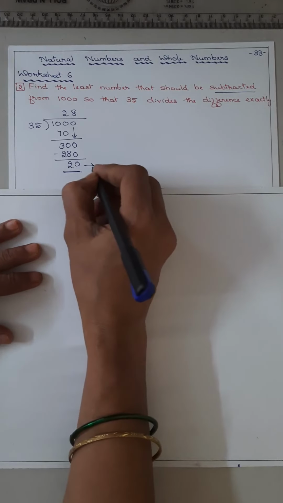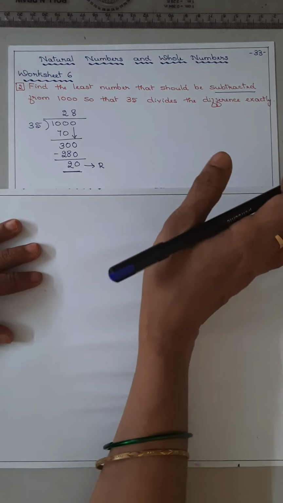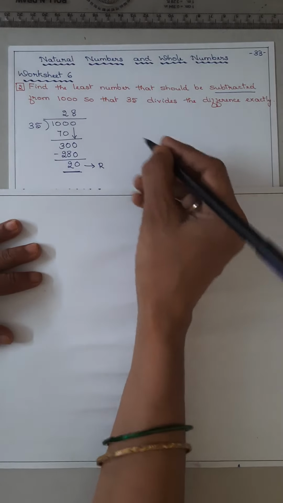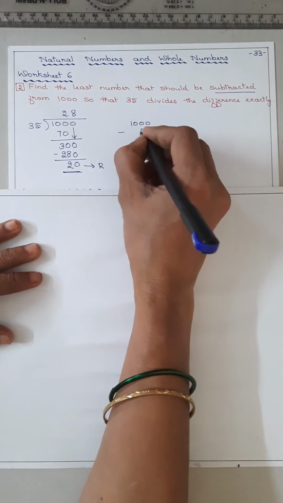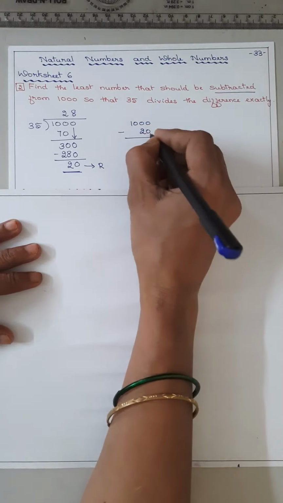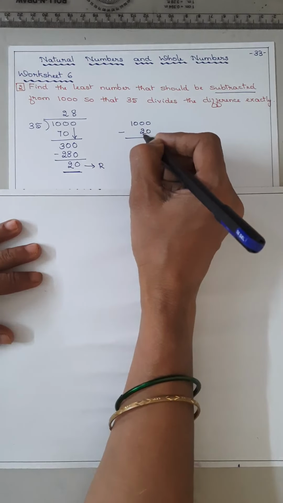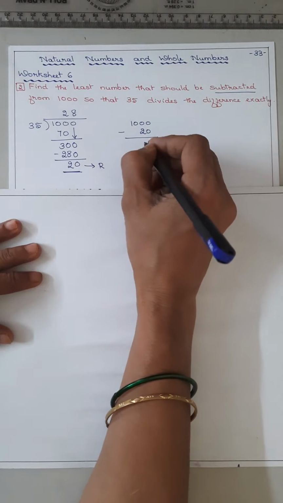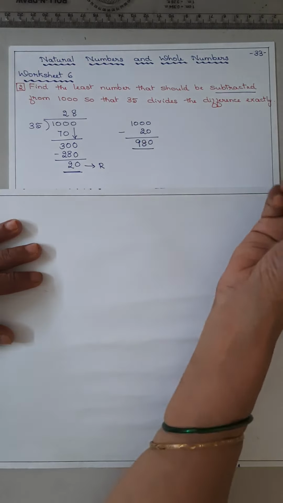So this is the remainder. In subtraction, the remainder has to be subtracted. So 1000 minus 20: 0 minus 0 is 0, 0 minus 2 means 10 minus 2 is 8. Now here 9 is remaining.